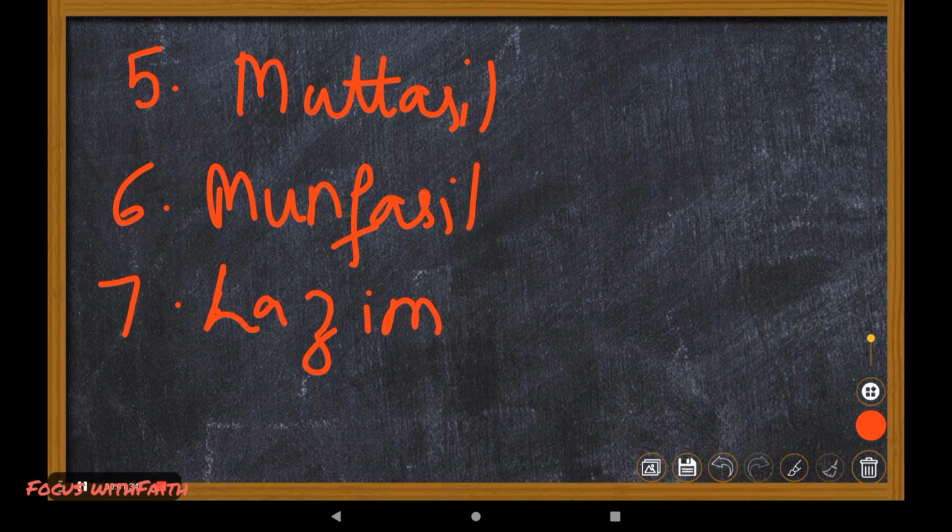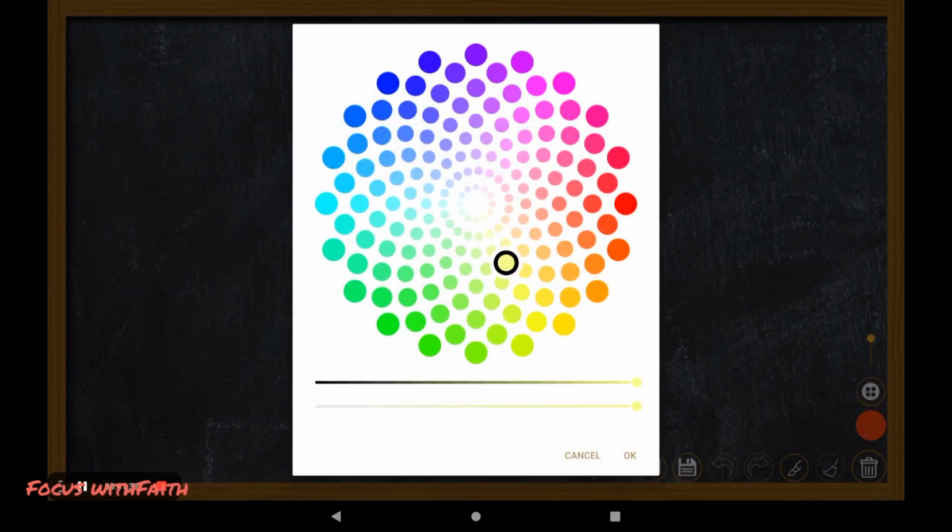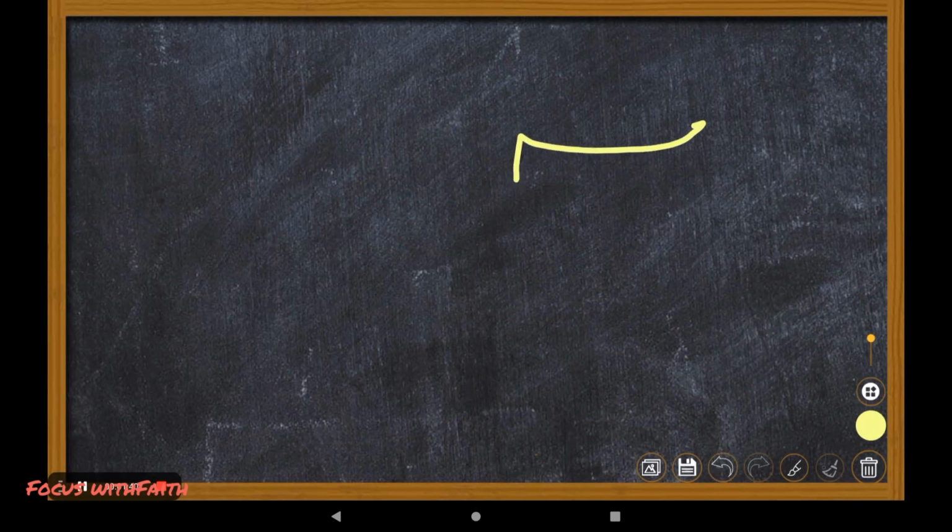So what is muttasil, munfasil and lazim? Everywhere you will have this symbol. You should remember that madd and hamza are like best friends for muttasil and munfasil, and they always come together, or a bit far in some cases. When you have madd and hamza in the same word, it is called madd muttasil.